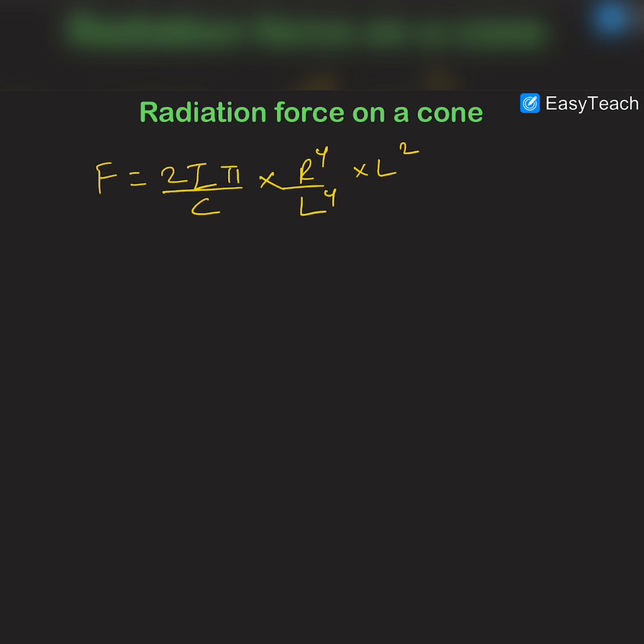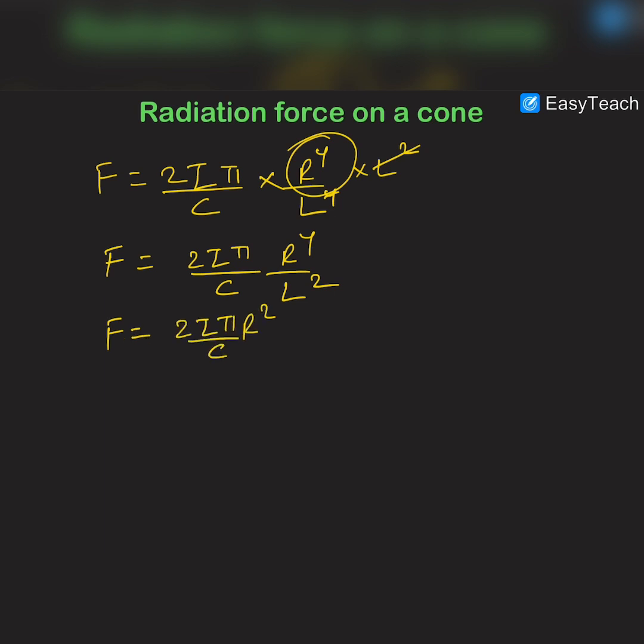Cancelling this L square with this, F will be equal to 2I pi by c, and this will be r to the power 4 upon L square. So we can write F as 2I pi by c r square into sin square theta. So this would be the net force acting on the cone.